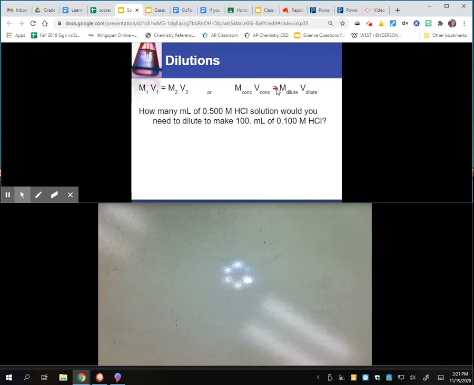The higher the number for molarity, the more concentrated it is, the more moles of solute it has. So we look at our molarities here, and I have a 0.5 molar HCl solution, and I have a 0.1 molar HCl solution. So the higher number, this one, is going to be my concentrated solution.